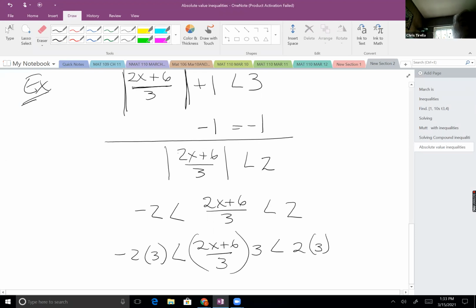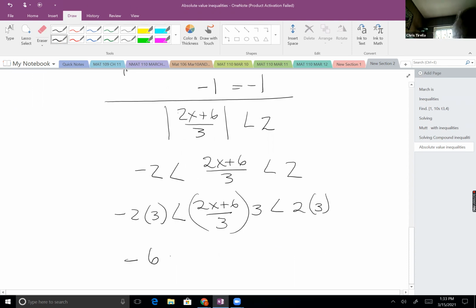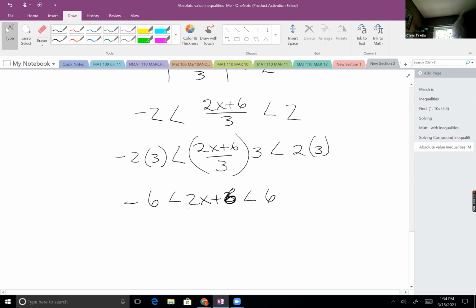It's a positive 3, so my directions stay the same. Negative 6 is less than 2x plus 6 is less than 6. I apologize, that's 2x plus 6. Now I'm trying to solve for x and get the x alone in the middle of the compound inequality.